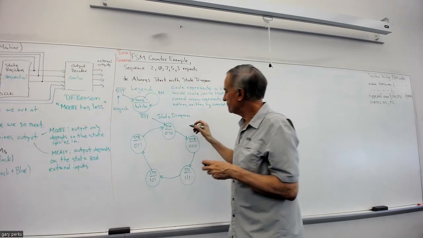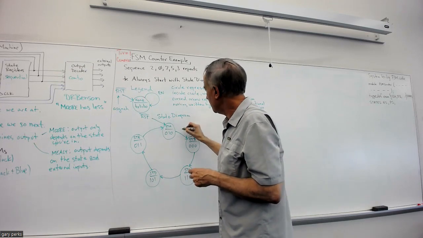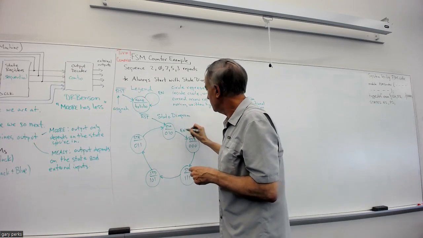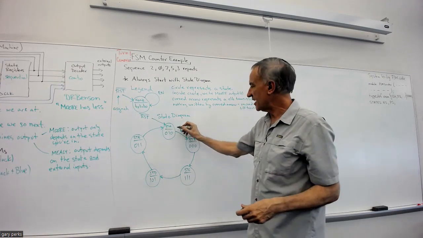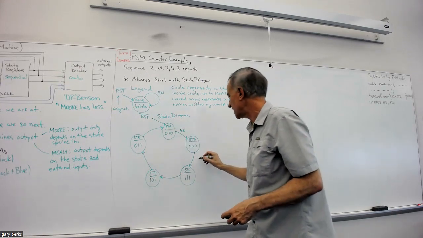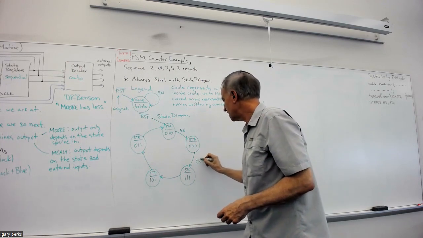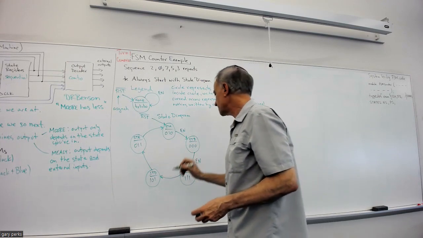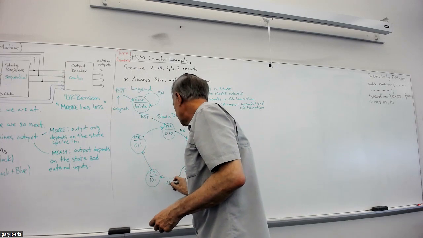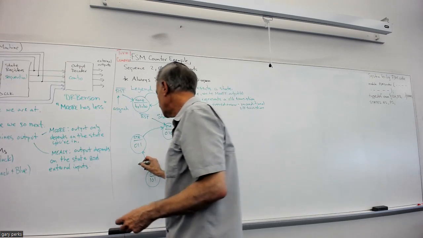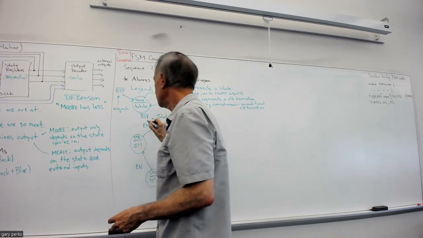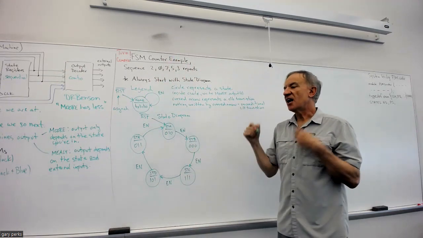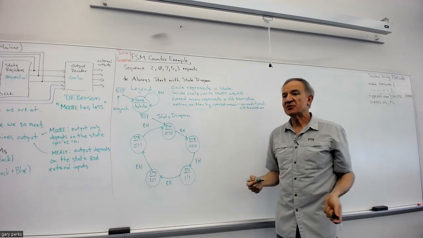Now, when our enable is active, we would just progress to the next state. So if enable is active, we'll go from state A to state B. If we're in state B and enable is active, we'll go to state C. If we're in state C and enable is active, we go to state D, and so on. If enable is not active, we're just going to stay in the same state.